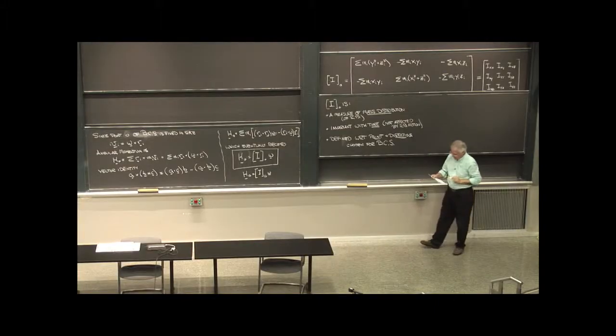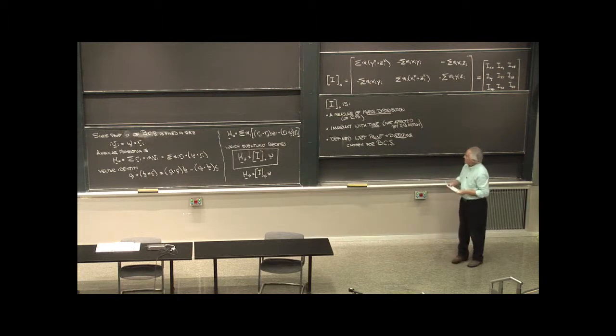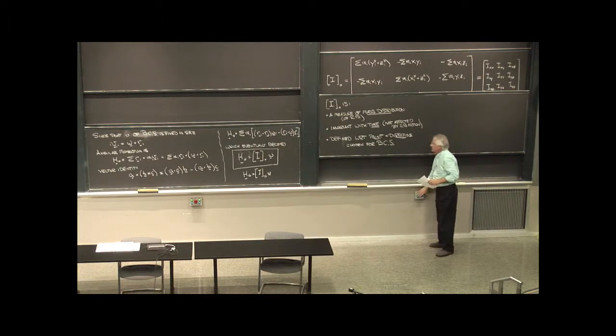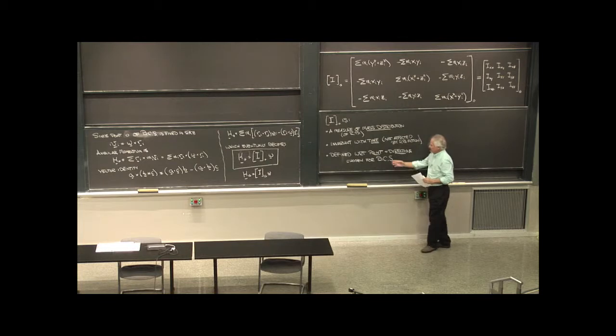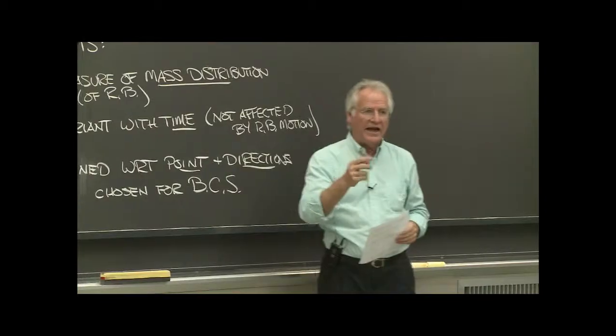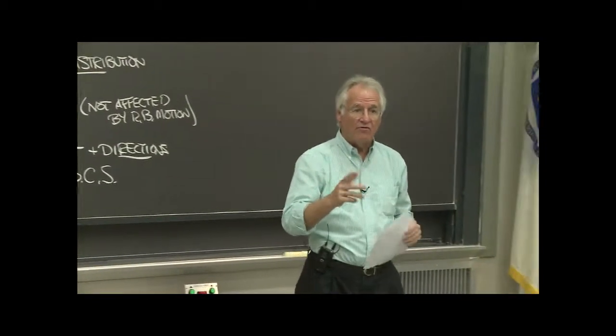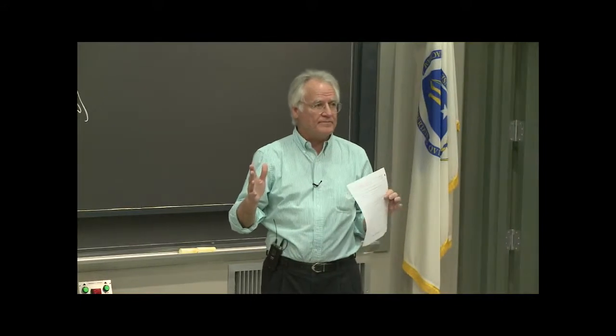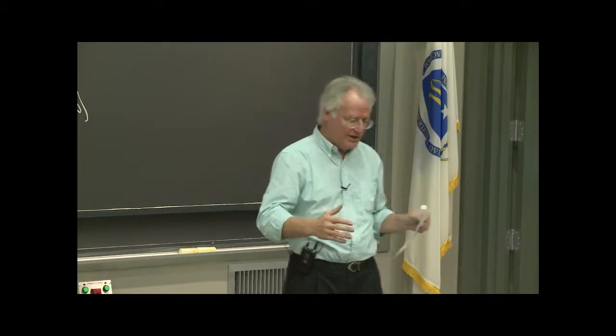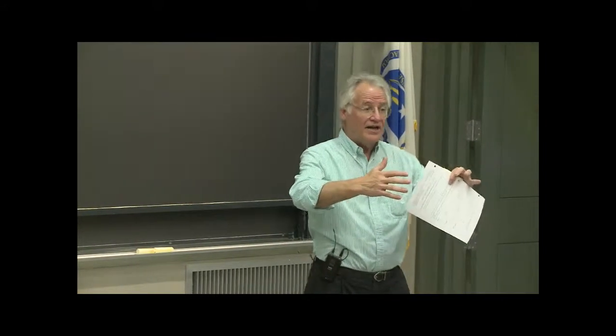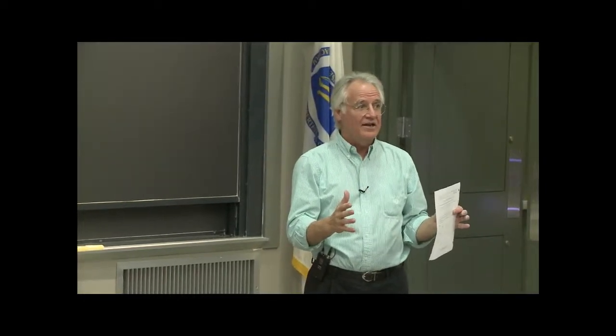All right, the last thing is that the moment of inertia matrix is defined with respect to the point and the direction of the body coordinate system. What that means in practical terms is that you have an object, okay?